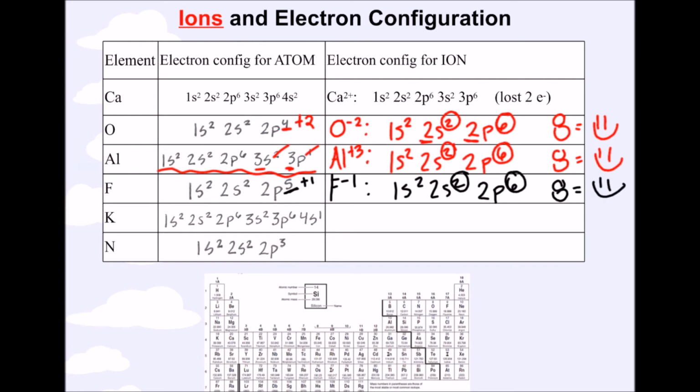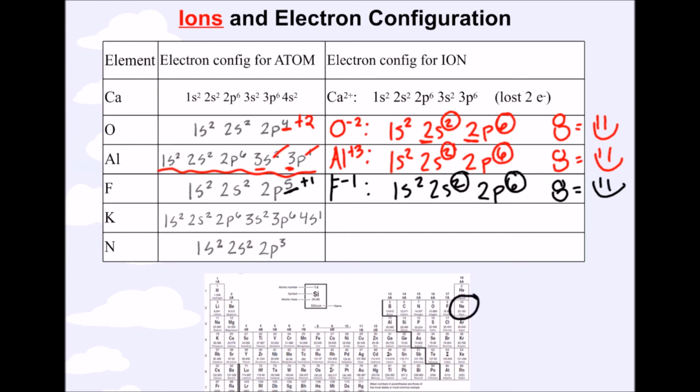8 valence electrons, but right now, the oxygen ion, aluminum ion, and fluorine ion all look the same, okay? I call this noble gas envy because what is the actual configuration if it's 1s2, 2s2, 2p6? Okay, that would be neon.